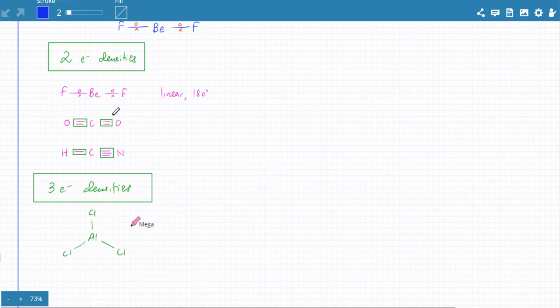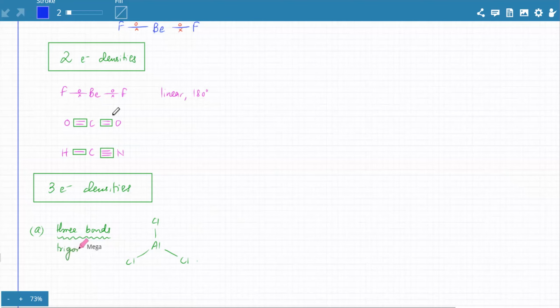And that's the first version of this. Let me write that down. This is the first version: three bonds. So the shape is going to be called trigonal planar.